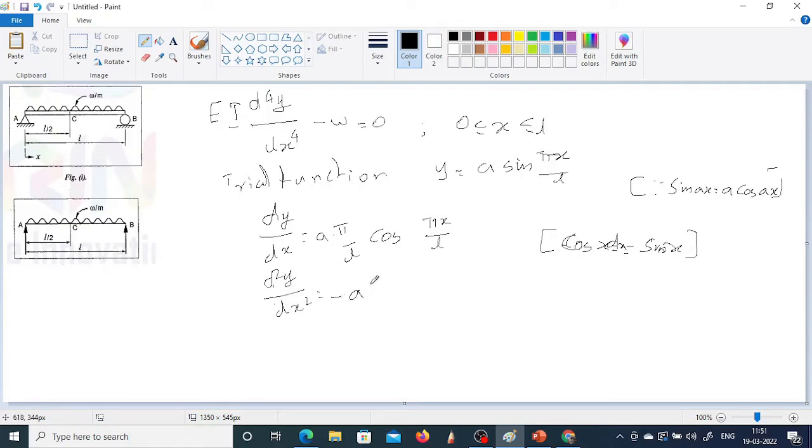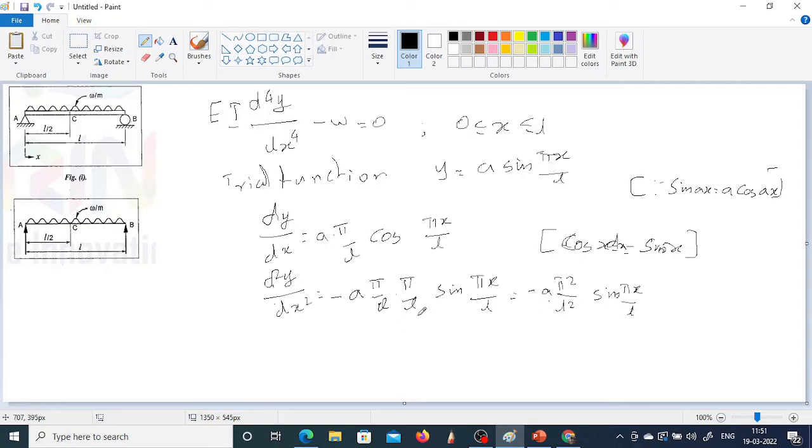After that, a π/L, again I differentiate, so here π/L into π/L into sin(πx/L), which can be written as minus a π²/L² sin(πx/L).